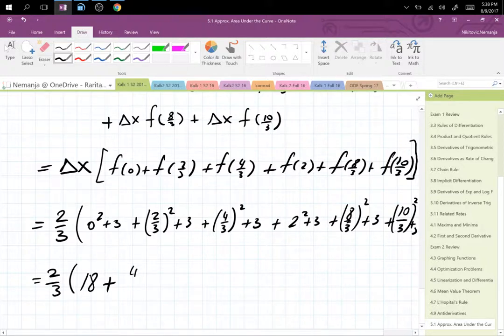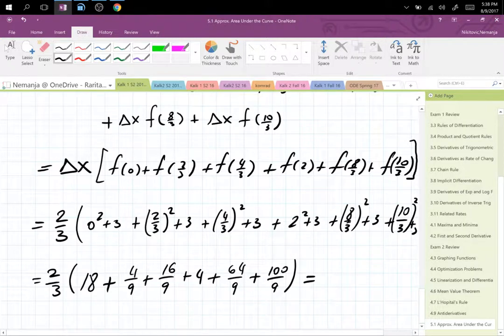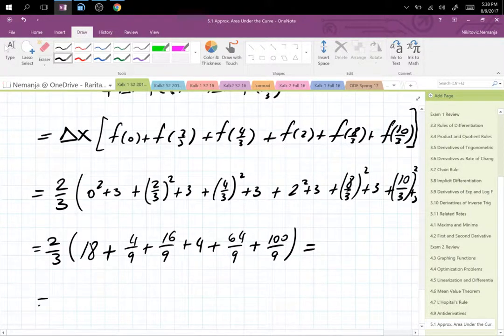So we have 4 over 9 plus 16 over 9 plus 4 plus 64 over 9 plus 100 over 9. 4 you can add to 18, to get 22, and now 100 and 84, 184 over 9.